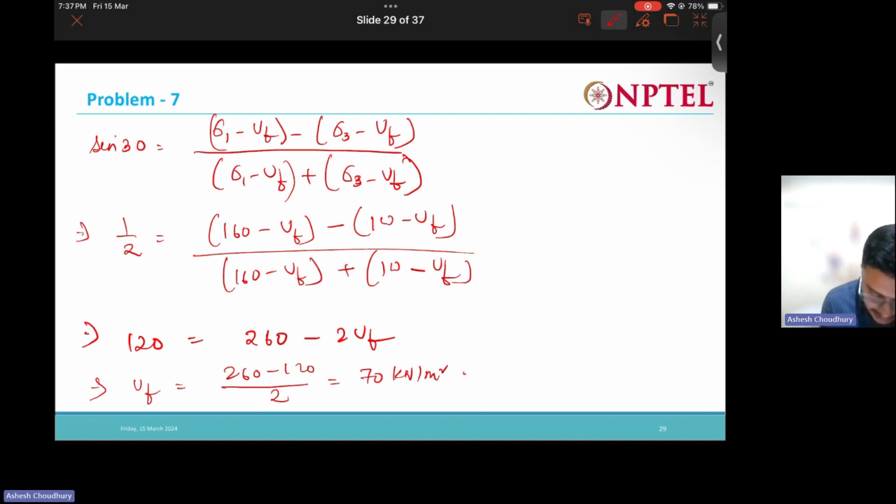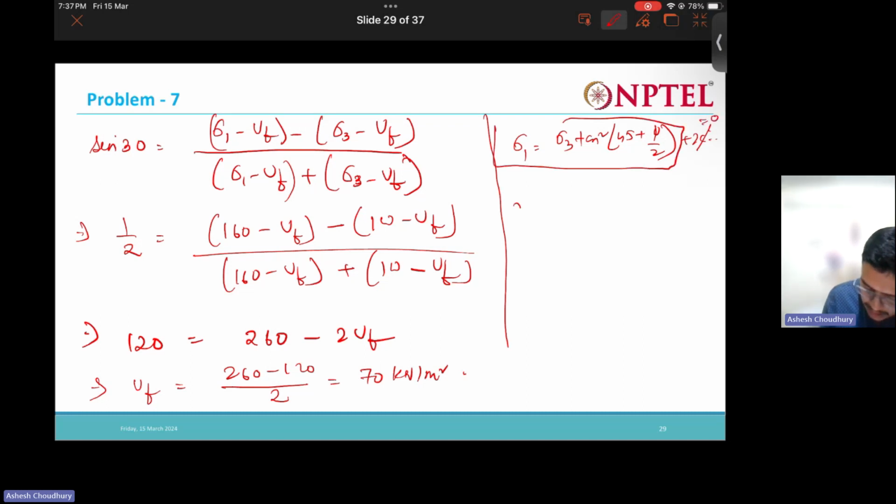Now if you are wondering from where we got this relation, this came from our basic equation. The basic equation was sigma 1 is equal to sigma 3 tan squared 45 plus phi by 2, plus twice c something. So if c is equal to 0, we only have this part. From here I can write sigma 1 by sigma 3 is equal to tan squared 45 plus phi by 2.